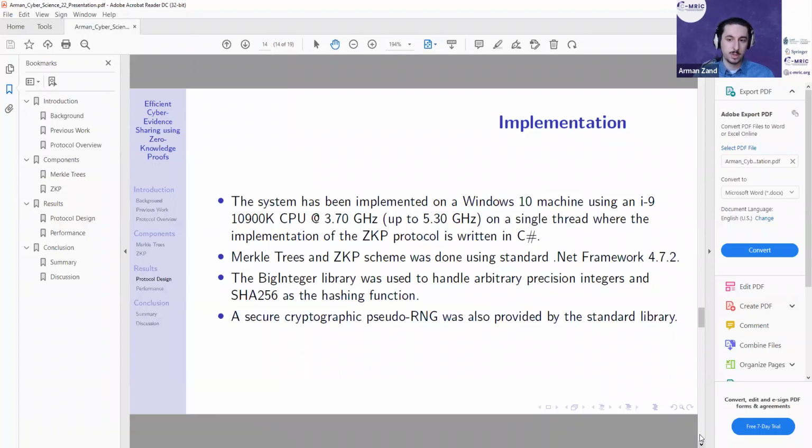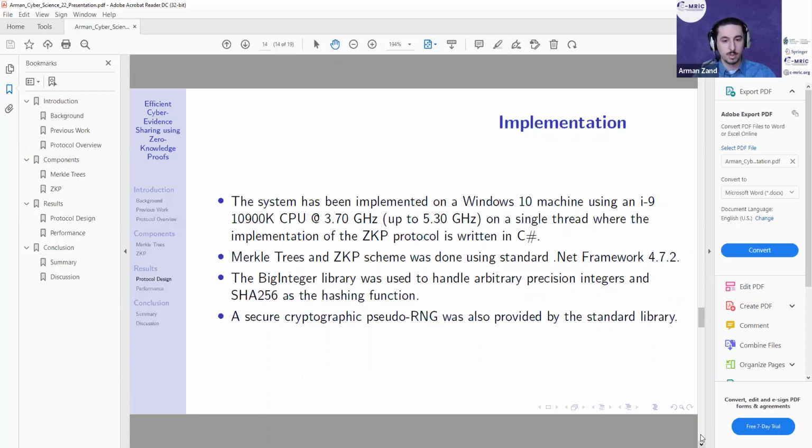We've implemented this in C# using the standard tools provided in the .NET library, and the create proof method uses a hash function, the secure hash algorithm 256, and I used the arbitrary precision integers from the BigInteger library. And that's important because we'll go into specific numbers.